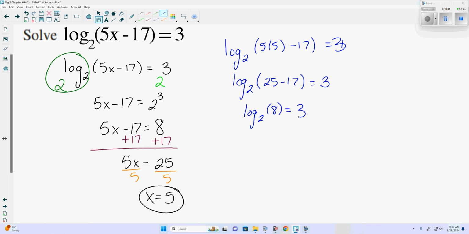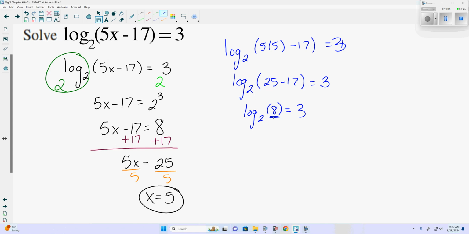But my main focus on checking it for the most part is making sure that the final number inside of each of the logs is not one of two things. It's not 0 or a negative. Because the number that we end up with, so here 8, cannot be a 0 or a negative. Because if it's 0 or a negative, that value of x does not work.